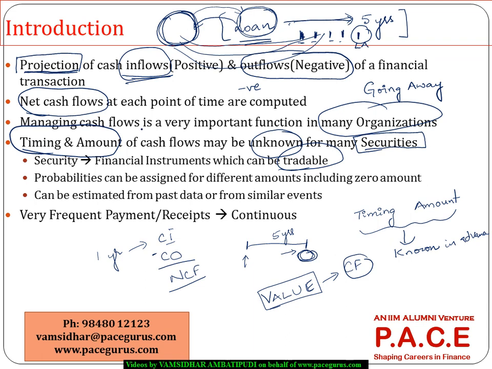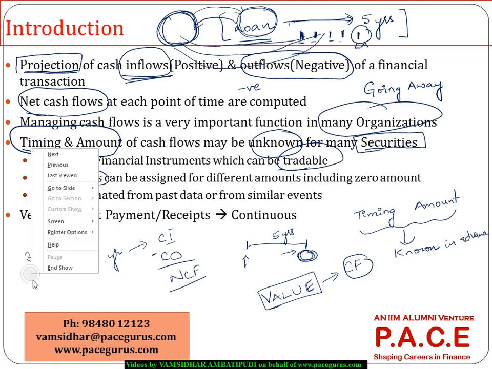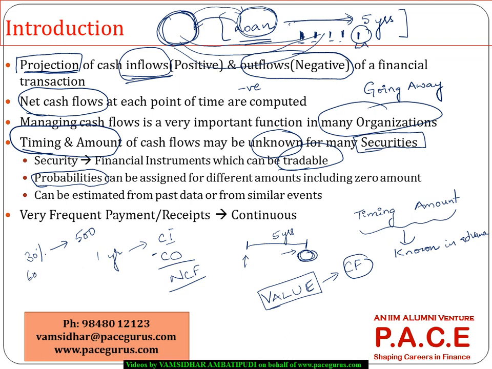Of course, now if the timing and amount, both of them are uncertain, generally that is where we bring in the role of probabilities. We try to assign, okay, there is a 30% chance of receiving 500 bucks, but there is a 60% chance of receiving thousand, and probably there is a 10% chance of receiving zero.